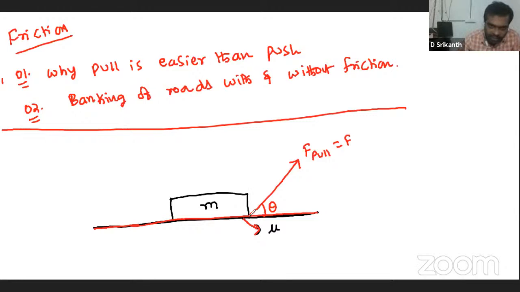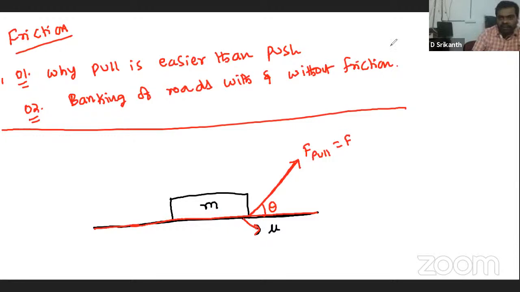Here I'm pulling with the force F. In this topic, I should explain which of pulling or pushing requires less force. The type of force which requires less force, we can say it is easier.